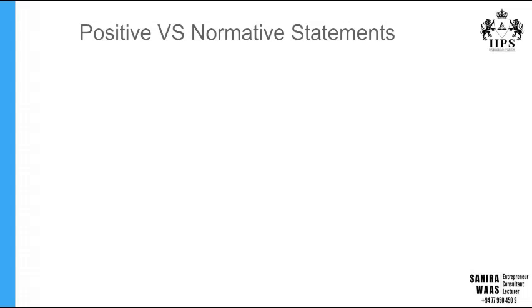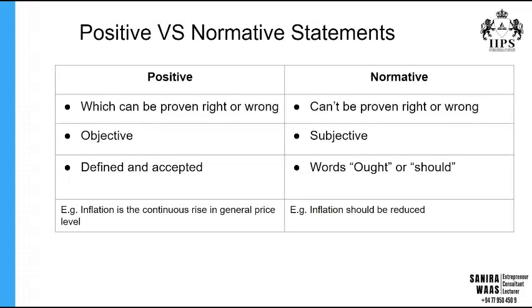Right, for our clarification, let's put both concepts, positive versus normative, on one page. Positive statements are identified as the statements which can be proven right or wrong, and even it is identified as objective concepts, and it is defined and universally accepted most of the time.